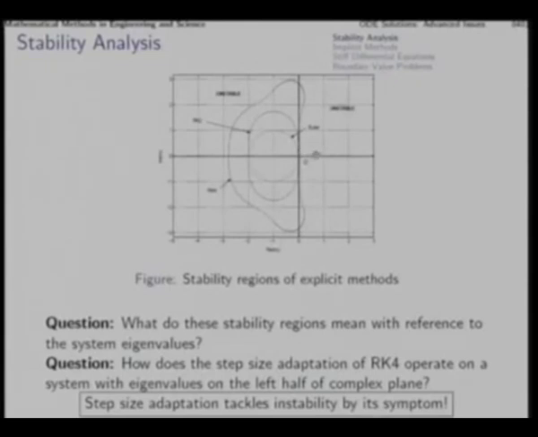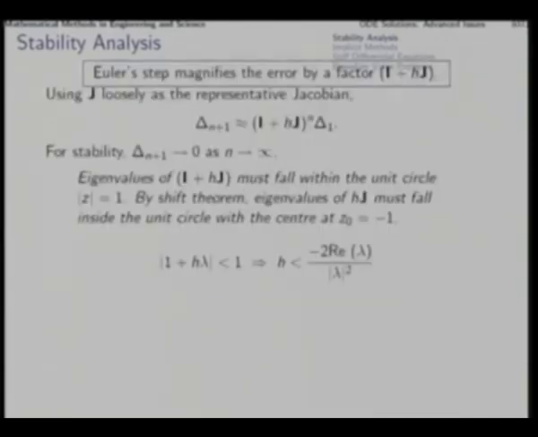So, if the eigenvalues must fall within the unit circle with the center at origin for I plus Hj, then the eigenvalues of Hj should fall within this circle, which is shifted by 1 unit. This is origin, this is minus 1, 0. So, within this circle, all the eigenvalues of Hj should fall, and that gives us this condition: the magnitude of 1 plus h lambda should be less than 1, which will give this limit on h.